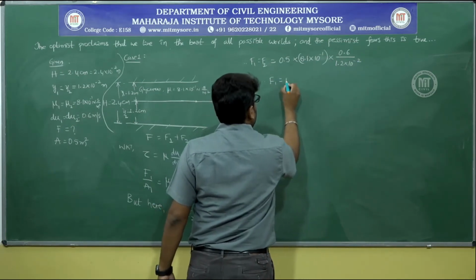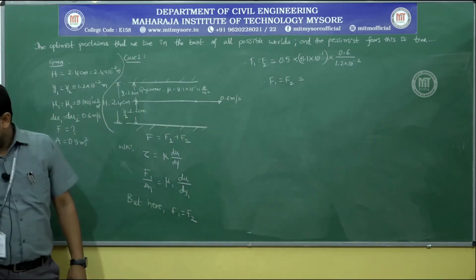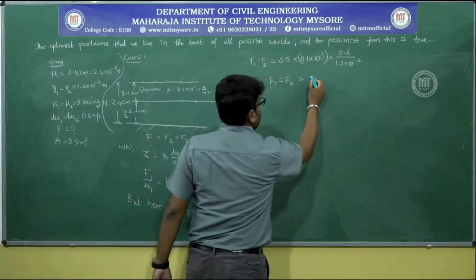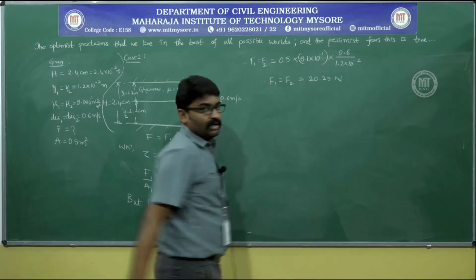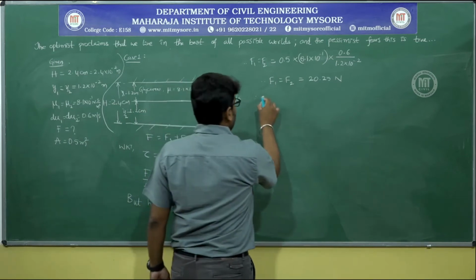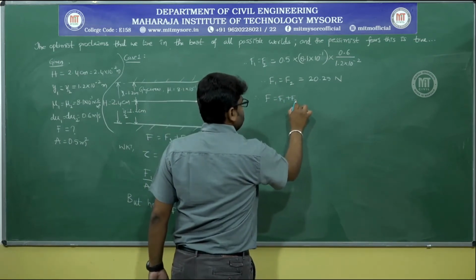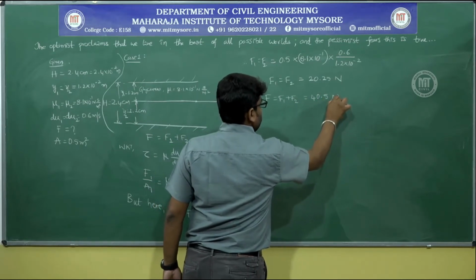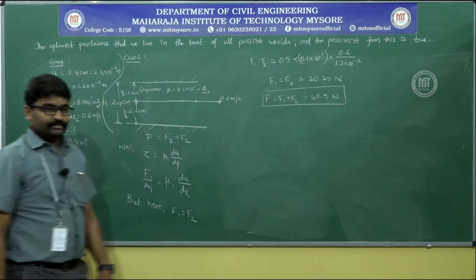Therefore, please calculate, F1 and F2 must be equal to 20.25 Newton. Therefore, total force required F is equal to F1 plus F2, that is equal to 40.5 Newton.